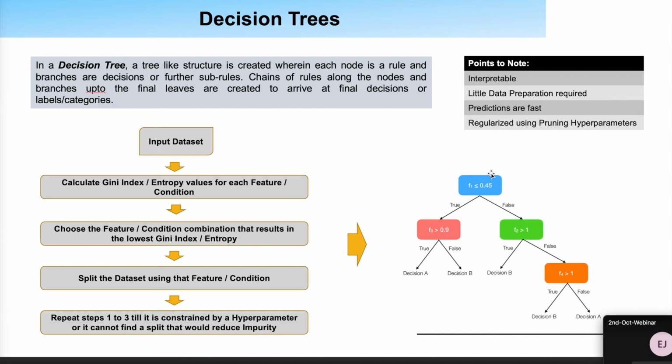You have a decision node here, or a root node, which says: take all the input values, and if feature 1 of those input values is less than or equal to 0.45, then whichever observations fulfill this criteria, send them to this decision node. Whichever do not fulfill that criteria, send them to this node. Okay, and so on, right?